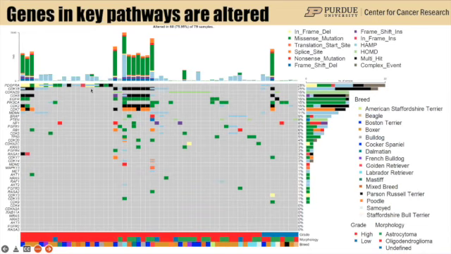Overall, what you can see is that there are a lot of alterations in these canine samples in these 3 pathways. Almost 76% of the 79 samples, so 60 samples, had alterations in these 3 pathways, mirroring what we see in humans.